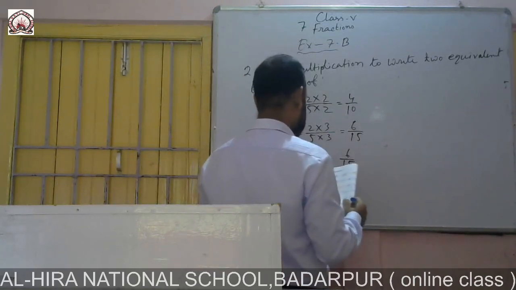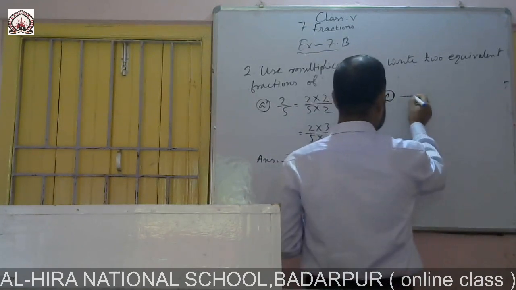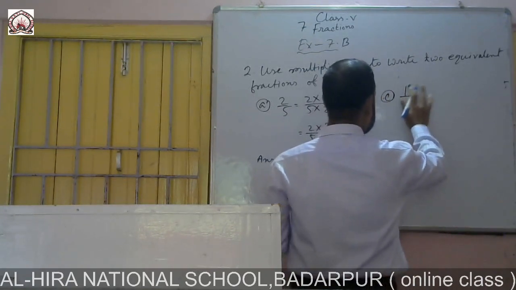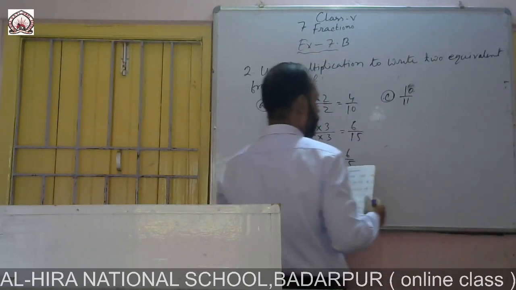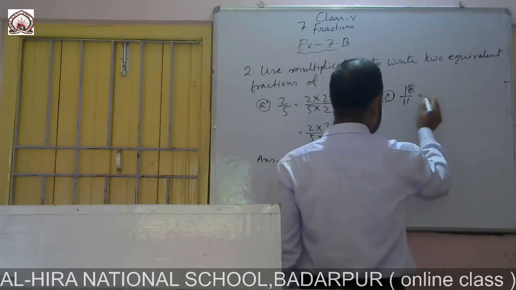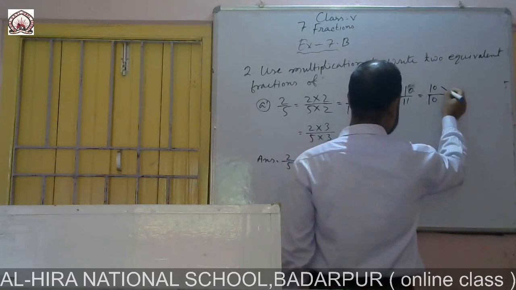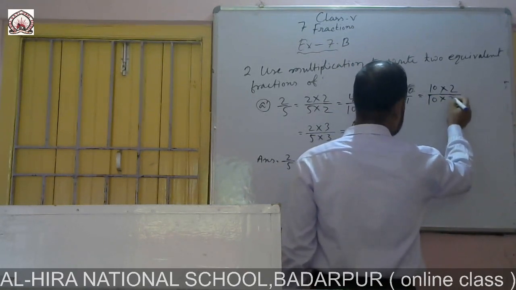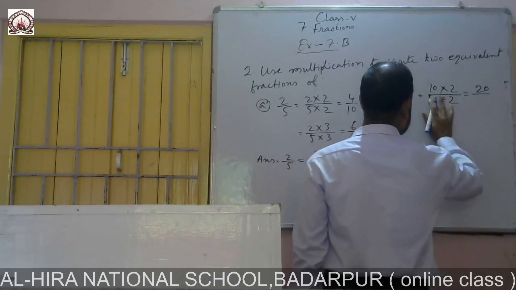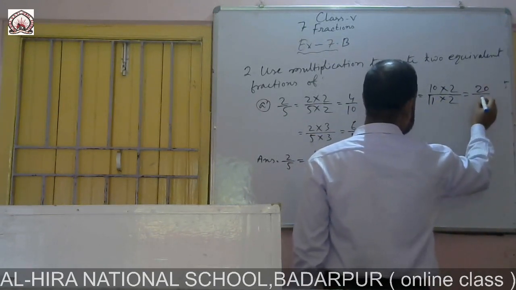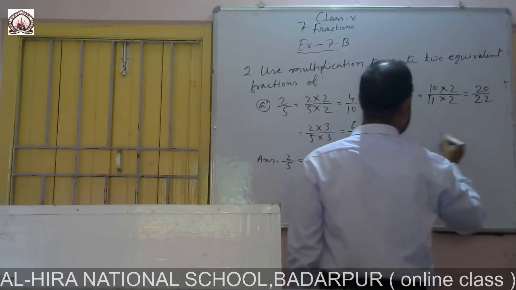Next, question number C, 10 by 11. We write two equivalent fractions of 10 by 11. So here we write 10 by 11 into 2. So 2 10s are 20 and 2 11s are 22.